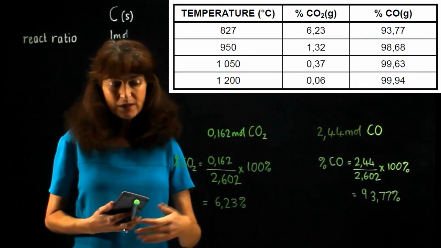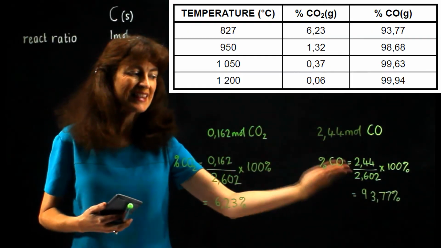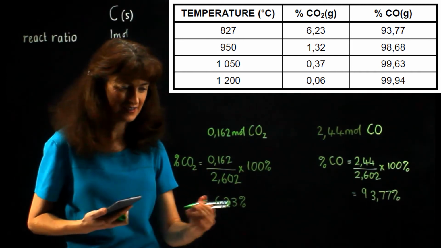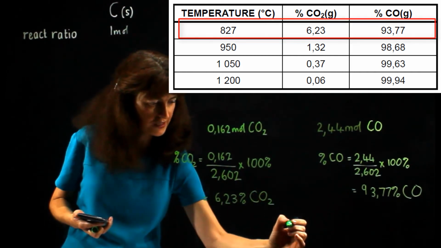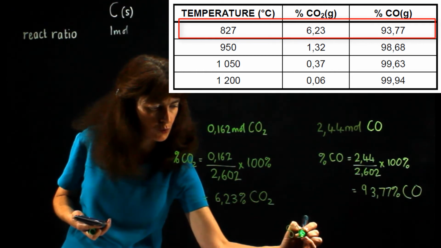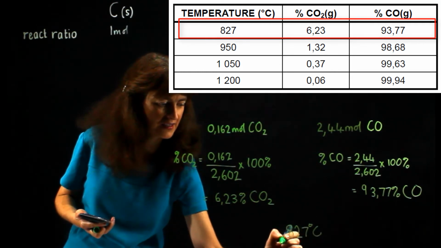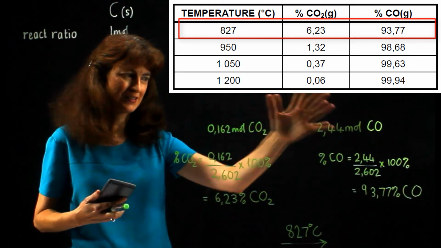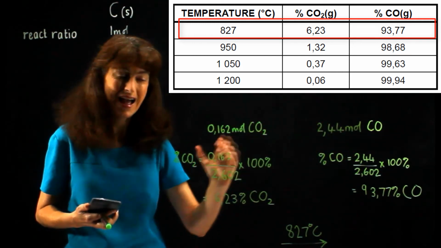We check the table, we see for which temperature do we get that percent ratio of carbon dioxide to carbon monoxide. And we see it corresponds to a temperature of 827 degrees Celsius. So that was the temperature T at which this first question happened.